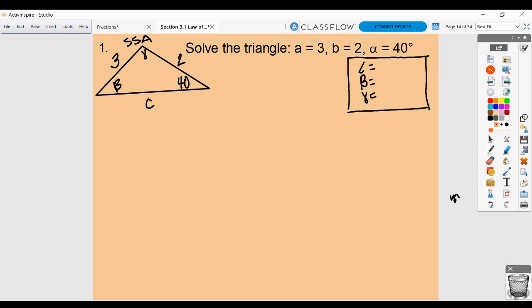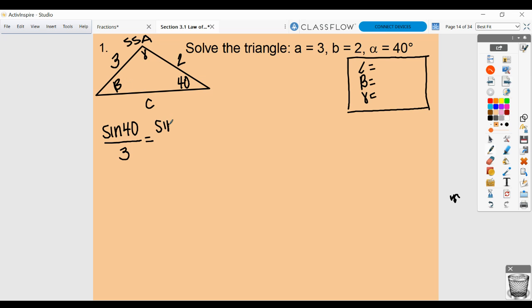Okay, so you start this out the same way as what you would have done before. Find the match. So what I mean by the match is the opposite angle and the opposite side. So that's 40 and 3. So whenever you go to set up your problem, you have sine of 40 over 3. And then the only other piece of information that you can use is the beta and the 2.